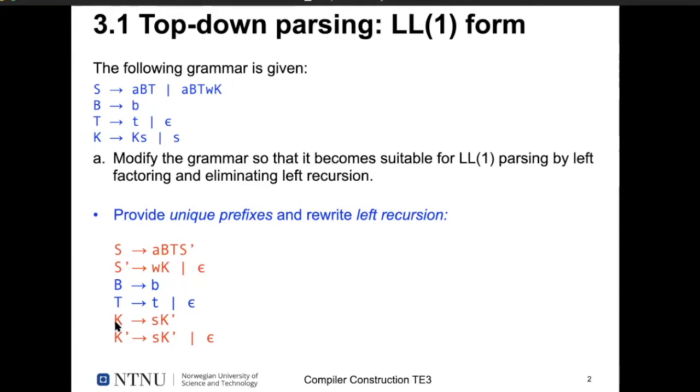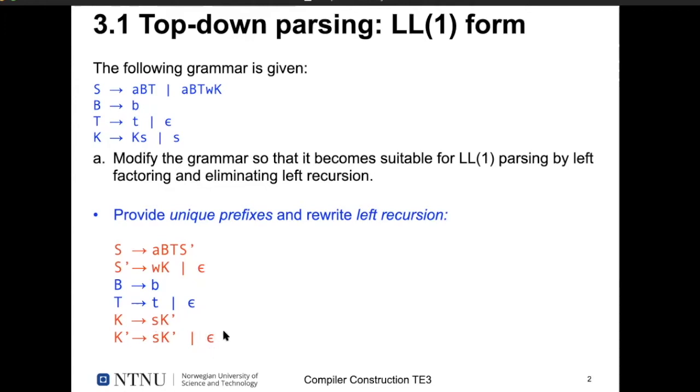So we modify our K rule to generate S and then a new non-terminal K prime. And this new non-terminal K prime can then generate additional S's to the left. Or now we have to change this, because we already generated our S up here.